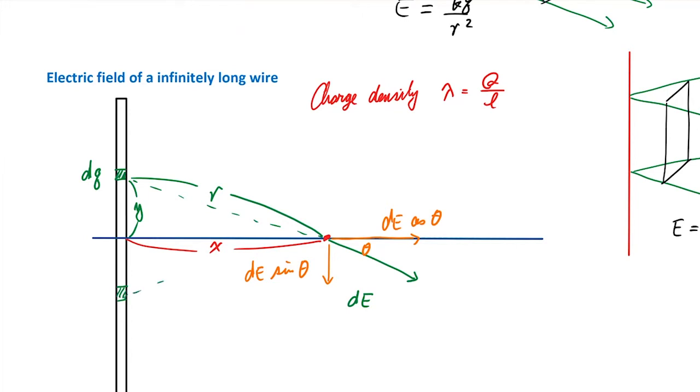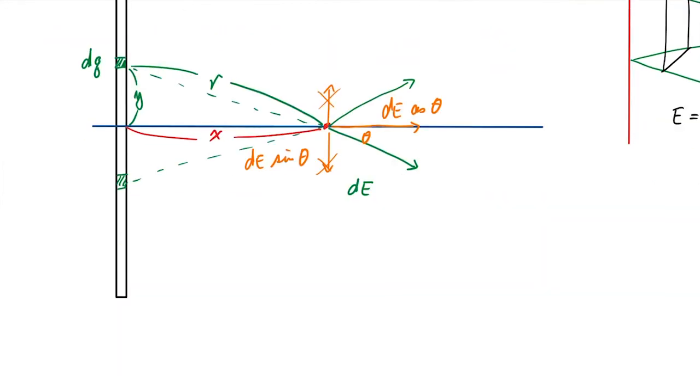And then, if you draw it, you see this y component will cancel out. This thingy cancels this thingy out, and then you just double up in the x direction. So we only need to consider this dE cosine theta. Good? Okay. So that's where we are going to start.